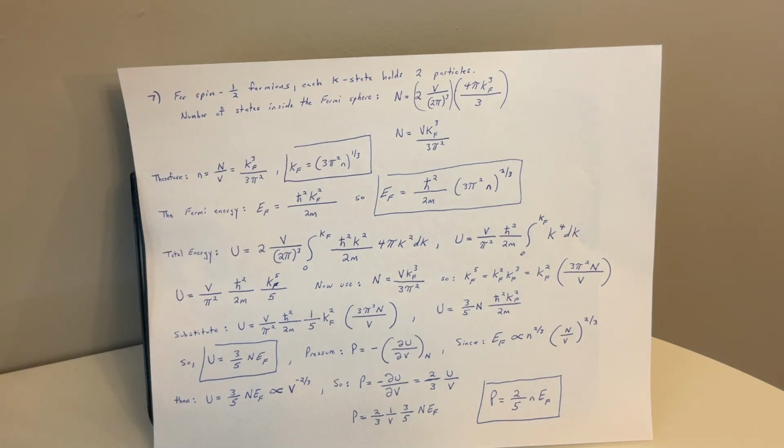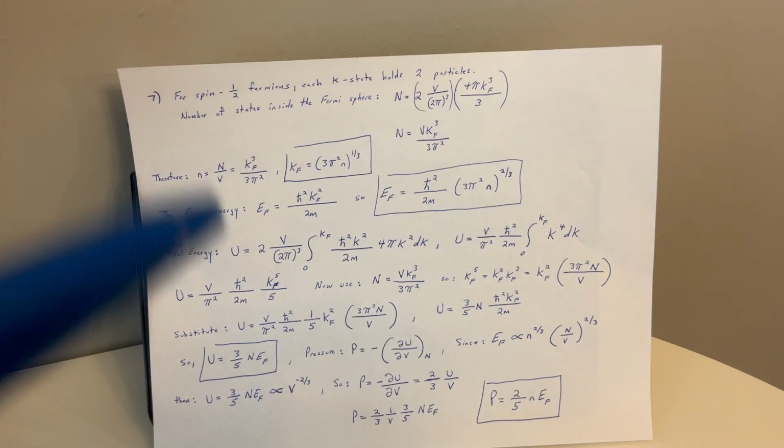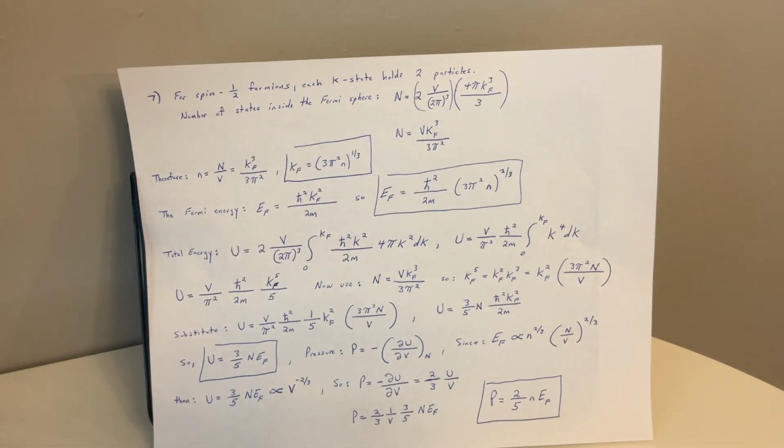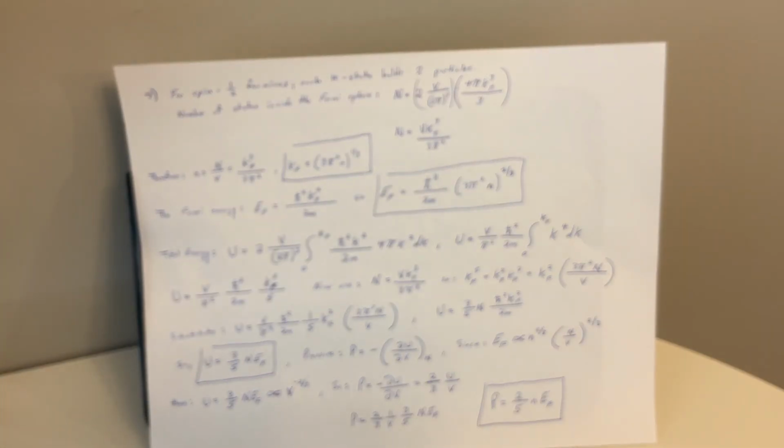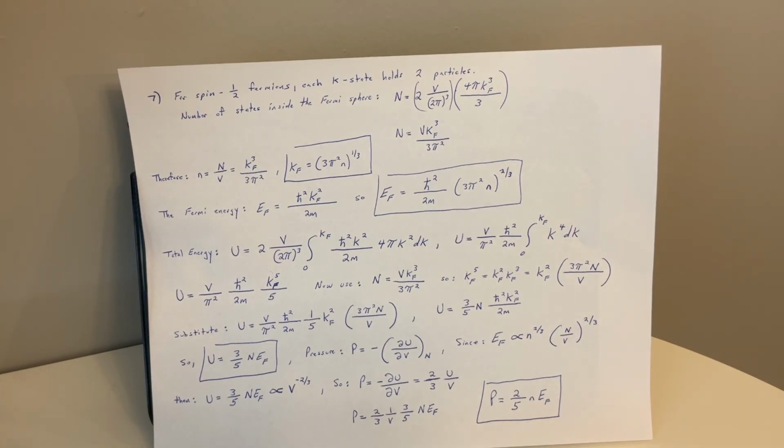The Fermi energy E_F equals h bar squared k_F squared over 2m. So E_F equals h bar squared over 2m, sorry about that, times (3 pi squared n) to the 2/3. Okay, so now we go to our total energy.